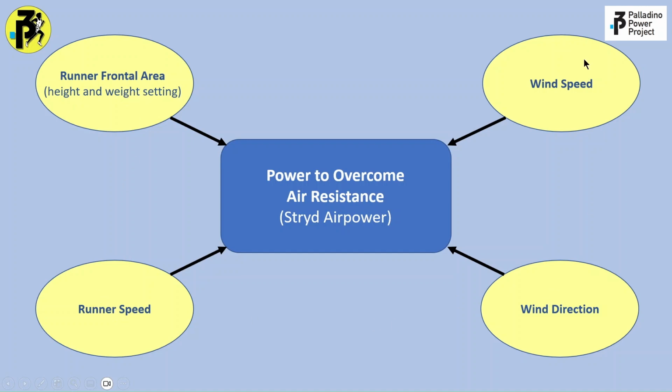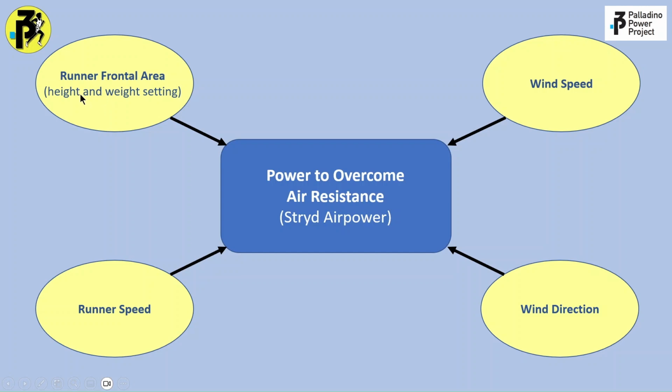So these variables are detected by the pod. This one is a setting that determines Stryd air power, height and weight setting. Weight setting is a variable that determines air power. It is not a variable that determines the larger part of Stryd total power. I'll get to that in a second.